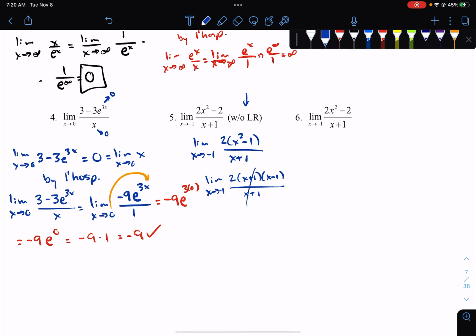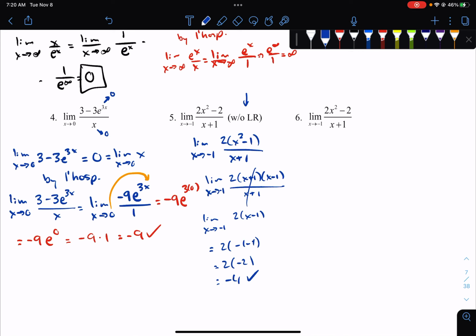The x plus 1's cancel, so the limit as x goes to -1 of 2 times x minus 1 over nothing. There's nothing on the bottom, right? Just 2 times x minus 1. When I plug in -1, I get 2 times -1 minus 1, so 2 times -2. So I get -4, all right?